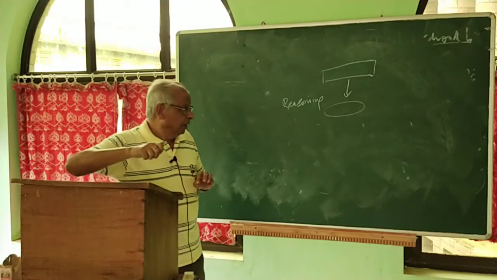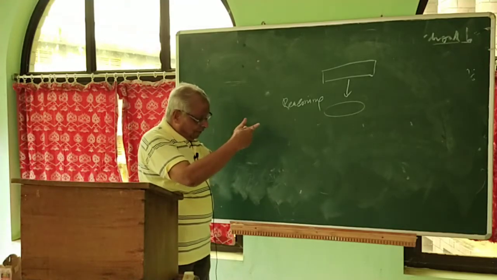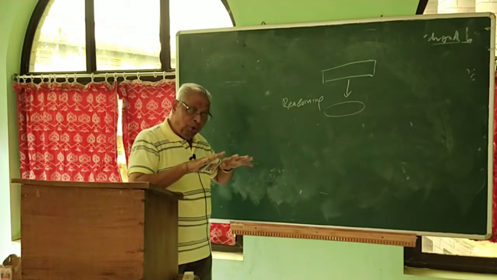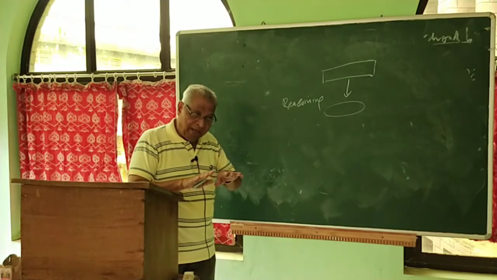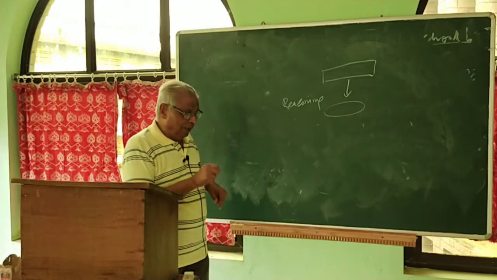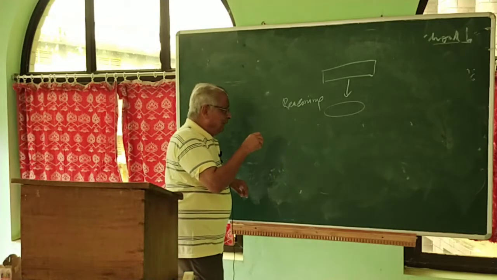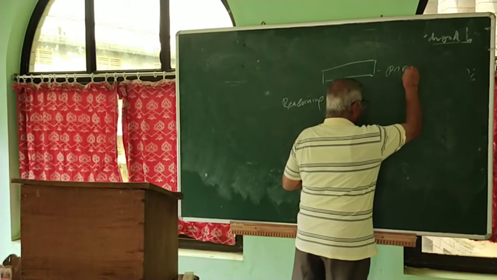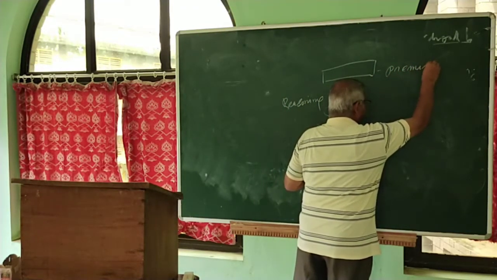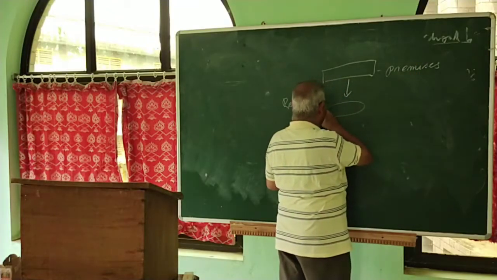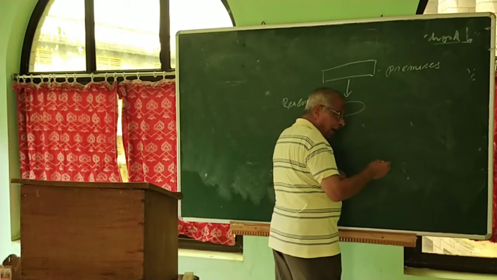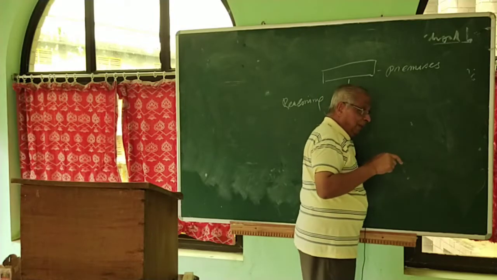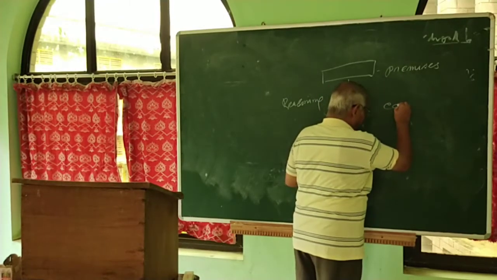And the known, what is given to us, we know for certain, and we are convinced of what is given. What is given is called premises. And what is not given, that is, that to which I arrive at, that is called conclusion.